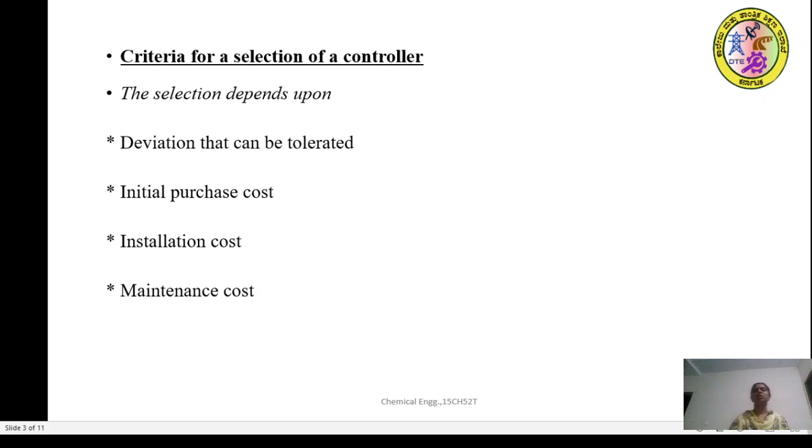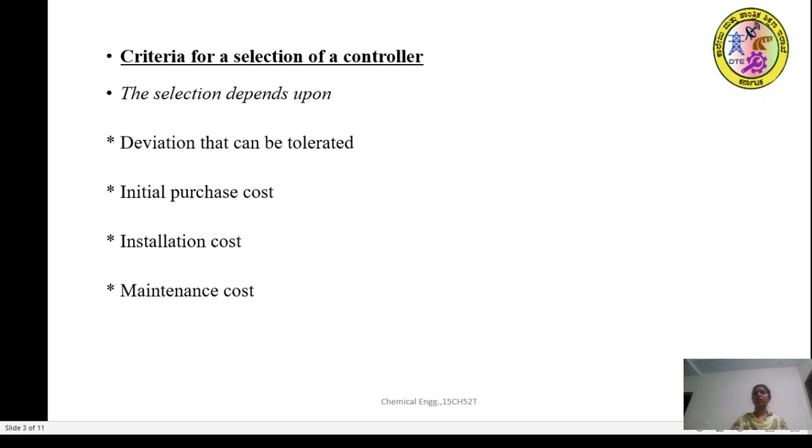In this session, we will learn what the criteria for selection of the controller are. In order to select any controller for a particular operation, we have to look into the deviation that can be tolerated by the controller.